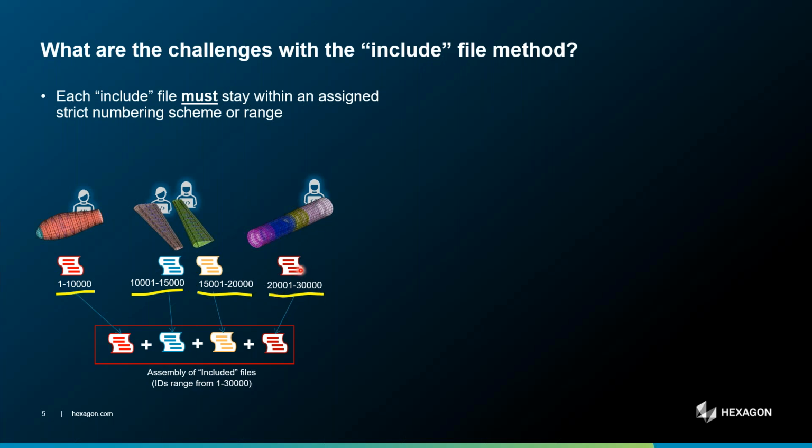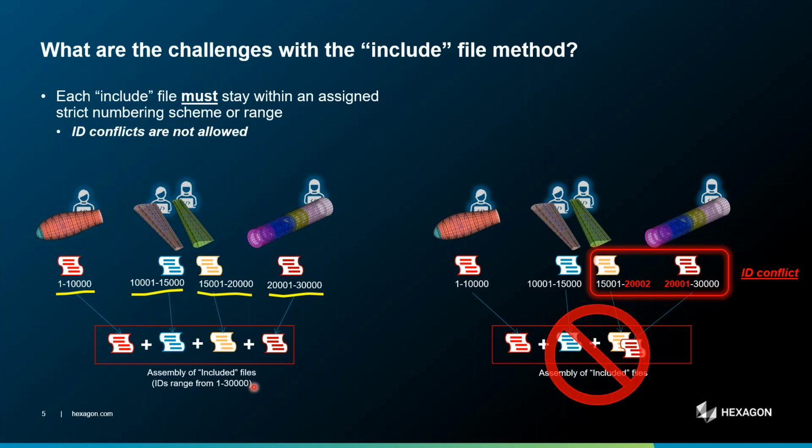When these individual input files of each component are combined together as includes, the assembly of include files is going to have an ID range from 1 to 30,000, and there will be no conflicts because ID conflicts are not allowed. In other words, the solver doesn't know what to do with two elements that both have the ID of 27.